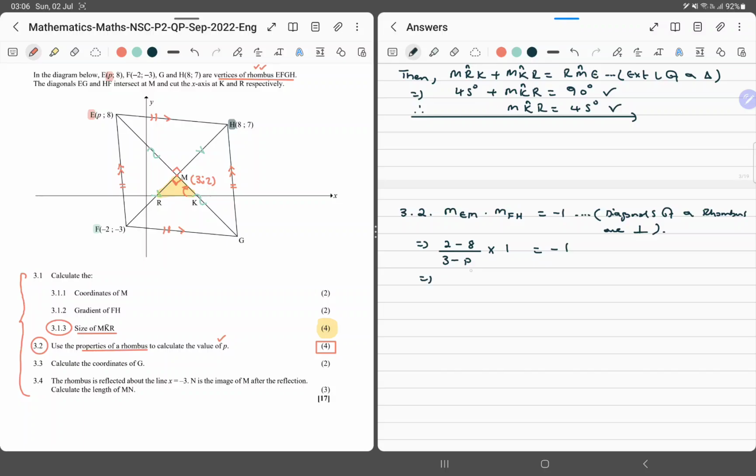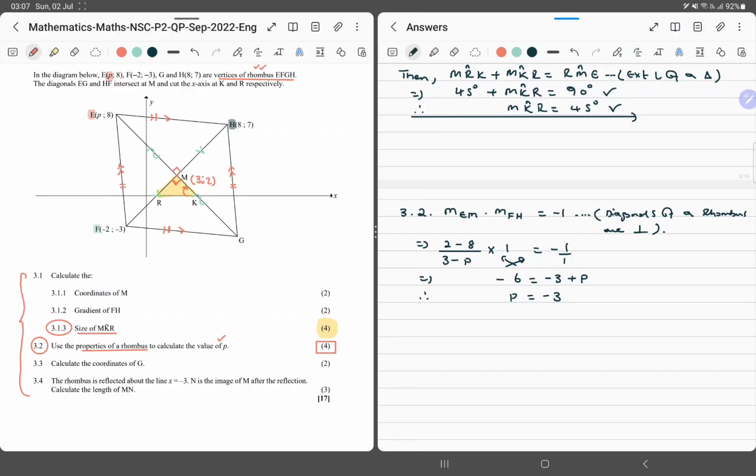This implies we cross multiply, so what we've got here, 2 minus 8 is -6, is equal to -3 plus P. Okay, great stuff. So we can see here that when we transpose the -3, it becomes a +3. -6 plus 3 will tell us that our P is -3.